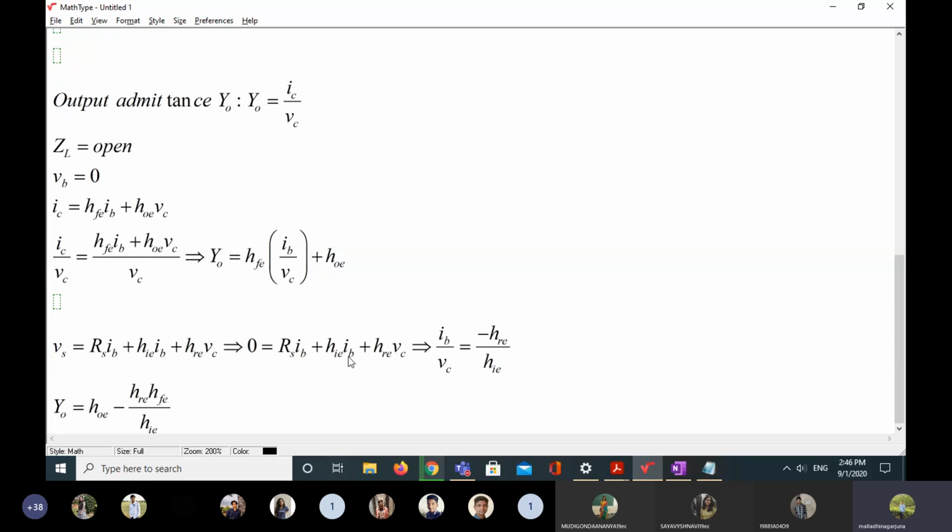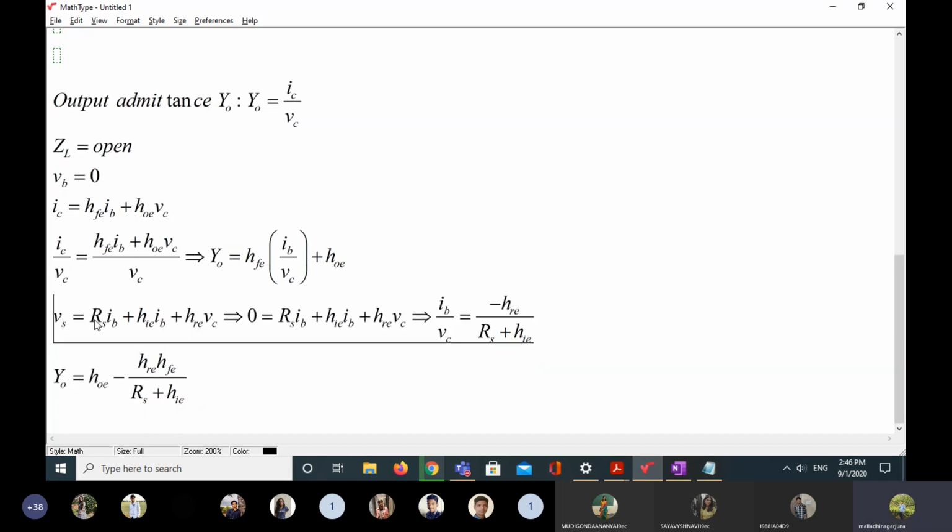If you take IB as common, in the place of HI you will get RS plus HI. That is the only difference. The remaining is the same.